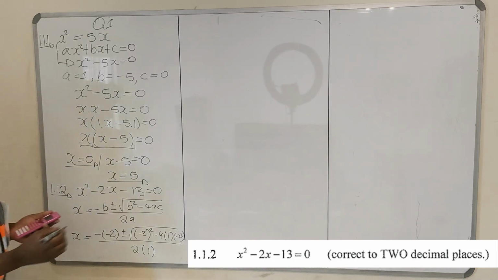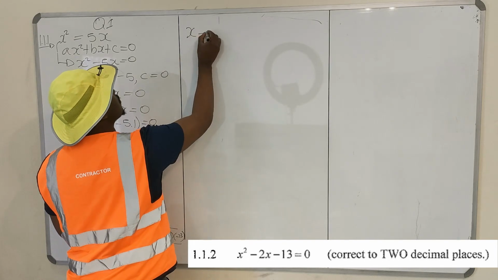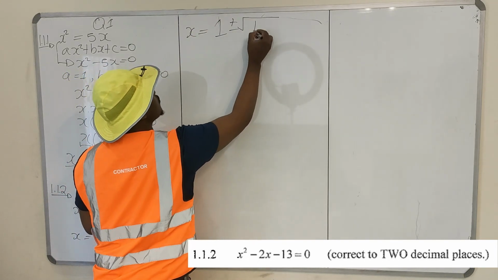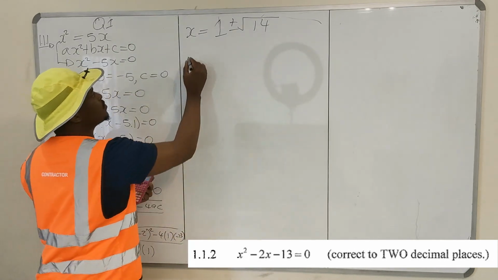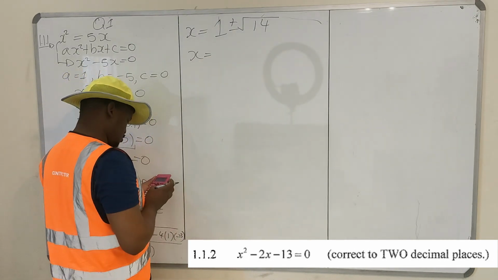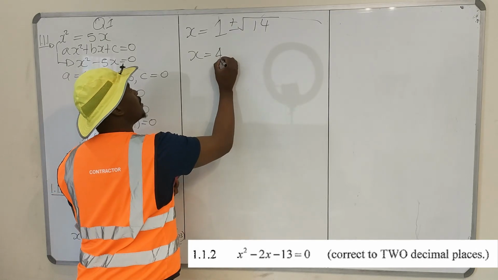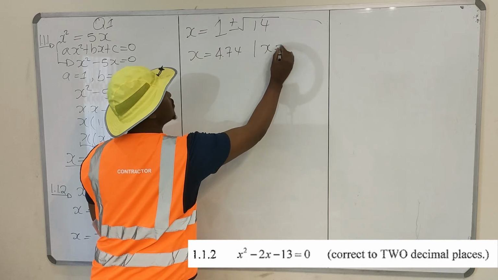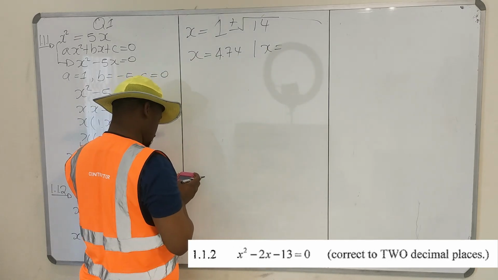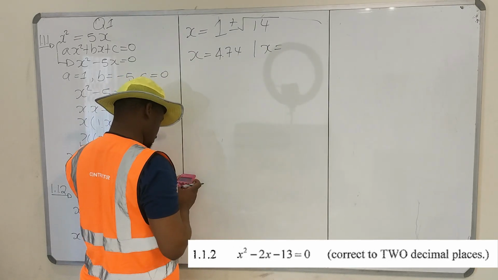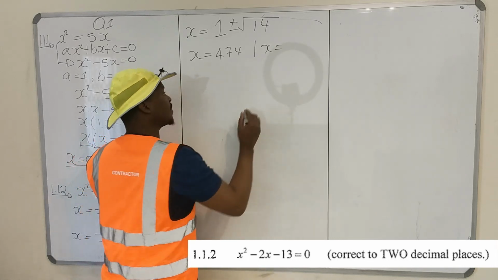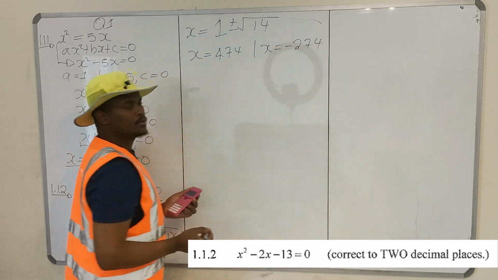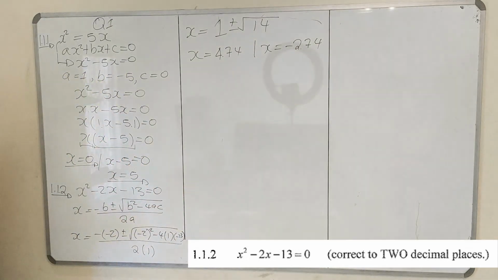Yes. So the answer is x is equal to 1 plus or minus the square root of 14. Right? Which means x is equal to 4.74. Or your x is equal to what? Minus 2.74.